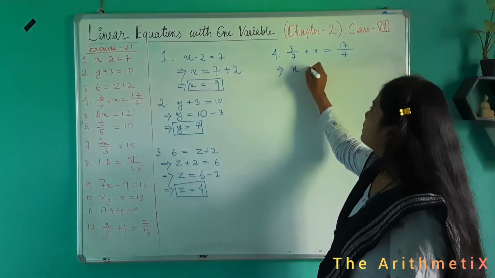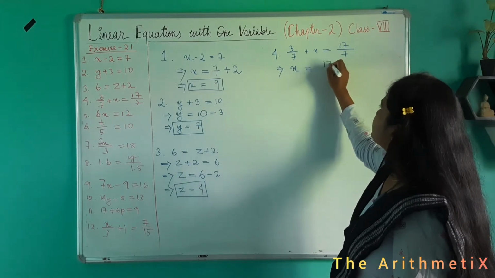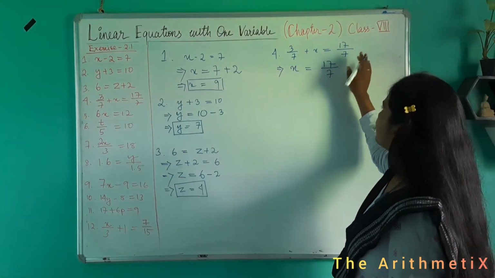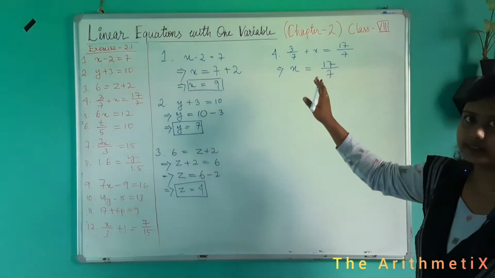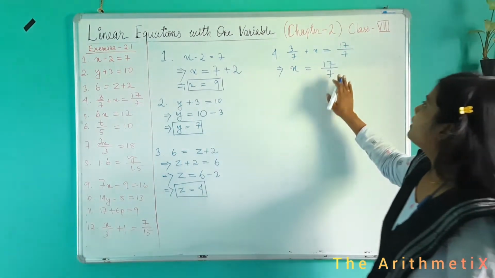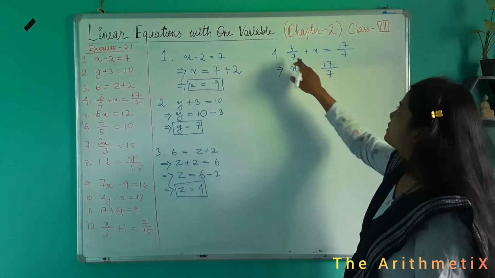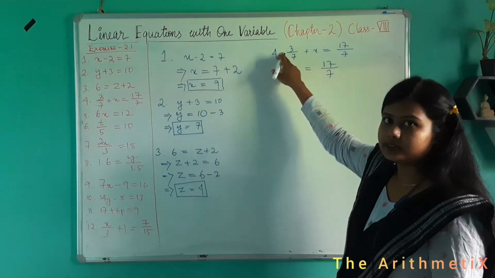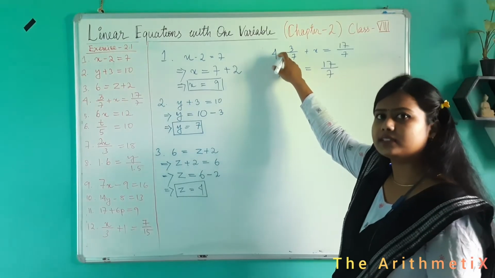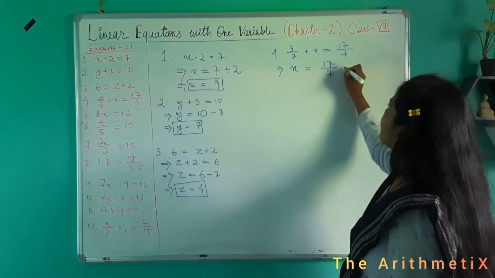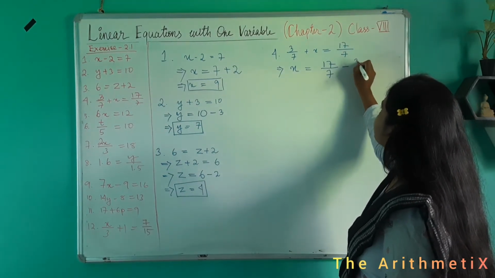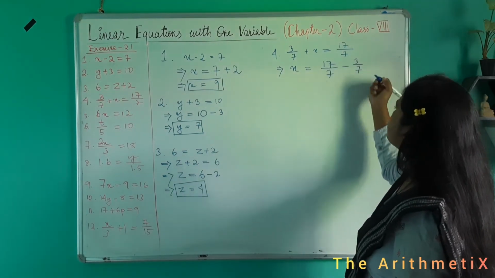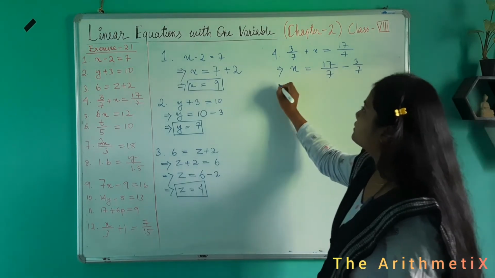So keep x alone. The fraction already present in the right hand side is to be written first, 17 upon 7. The sign of this fraction is plus; there is no sign, meaning it is a positive number. So after transposing it will be minus. So this is minus 3 upon 7 on the RHS.